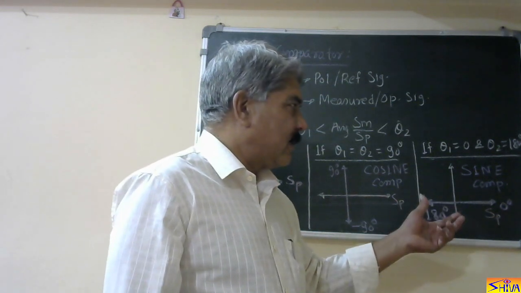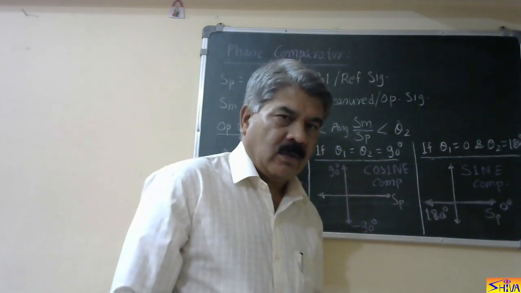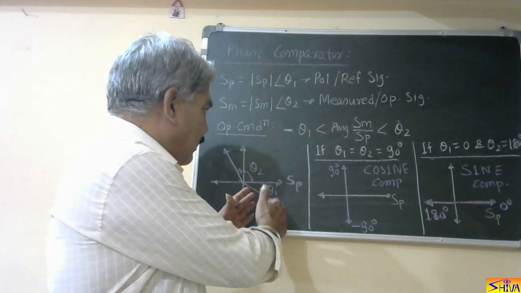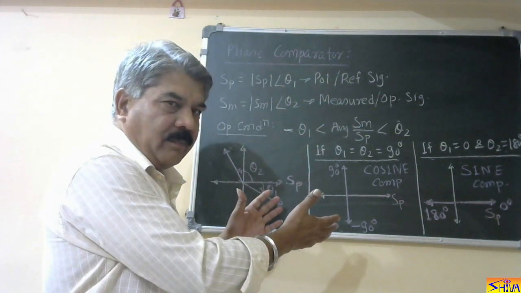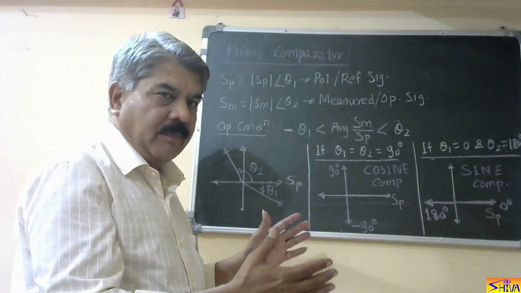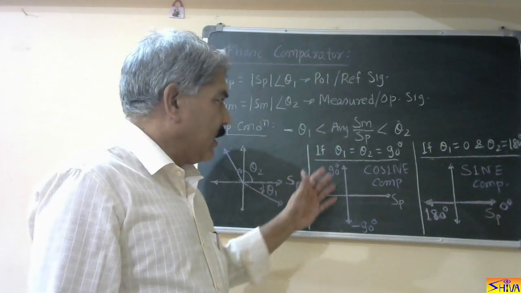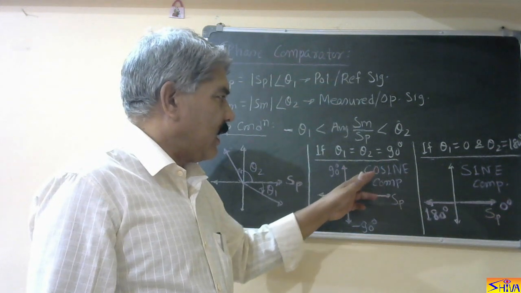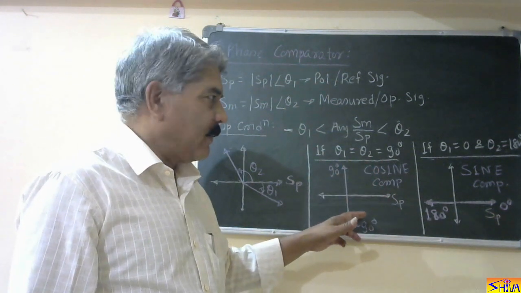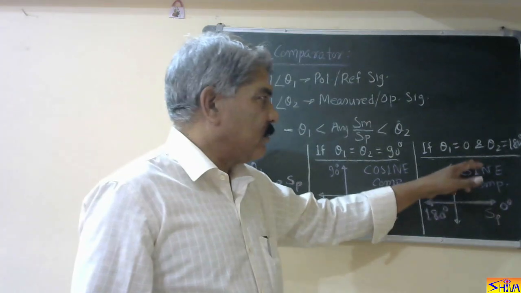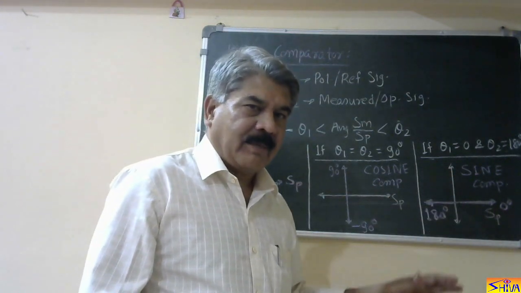So this is called the sine comparator. Theta 1 and theta 2 can have any value, and depending on their values, the operating region will be there. If theta 1 and theta 2 both are 90 degree, then it is a cosine comparator. If theta 1 is 0 and theta 2 is 180 degree, it is a sine comparator.